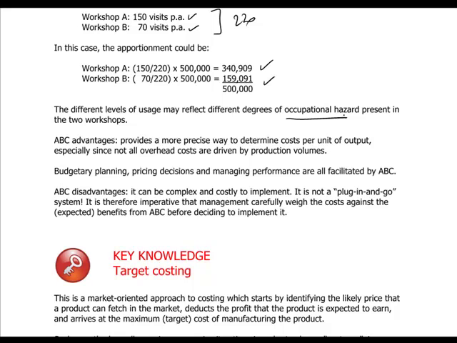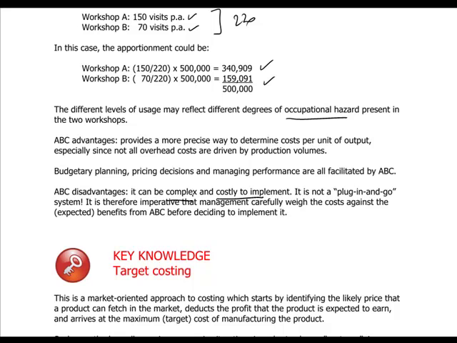However, using ABC might be a little bit complicated because it's costly to implement and it's also complex. Just imagine real life, how much time it would take you to gather all the information about the cost drivers, about the pools, and then to divide them. It can be really complex.